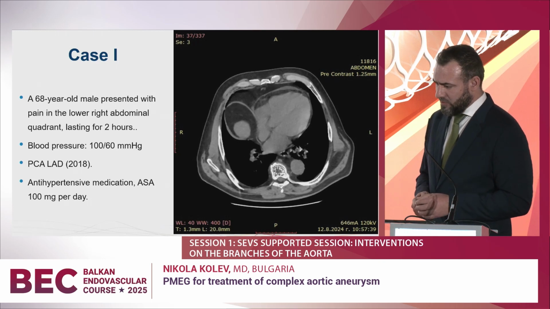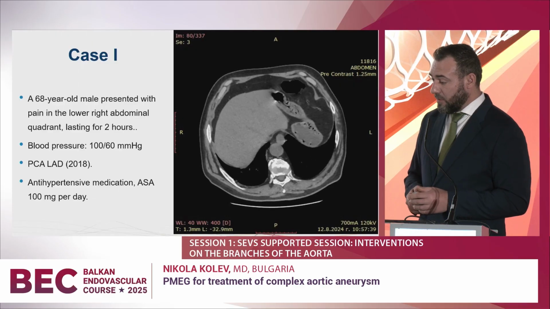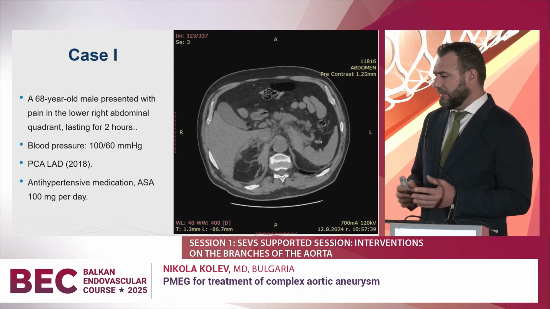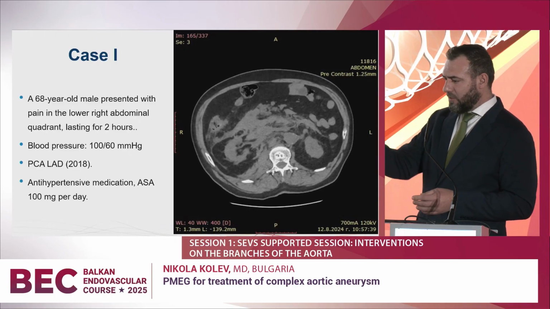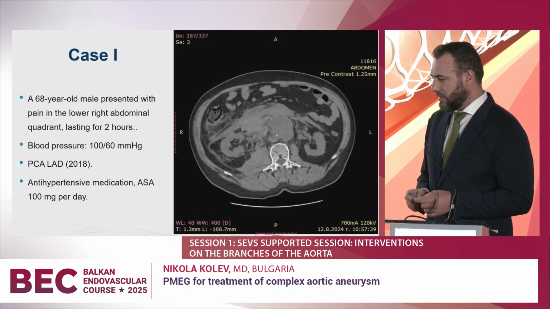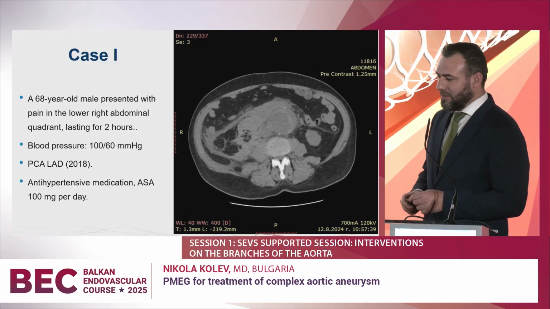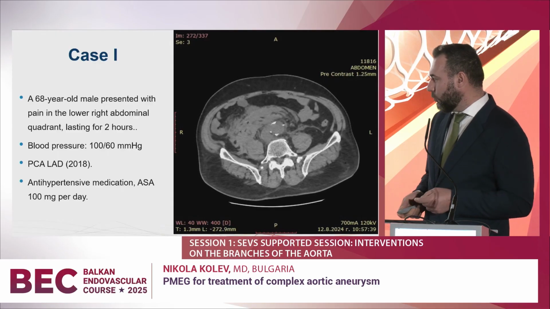This is an emergency pararenal abdominal aortic aneurysm rupture in a 68-year-old male with abdominal pain. You can see that I'm showing the native CT scan, because in between the phases the patient had a hemorrhagic shock and we transferred him to the OR.